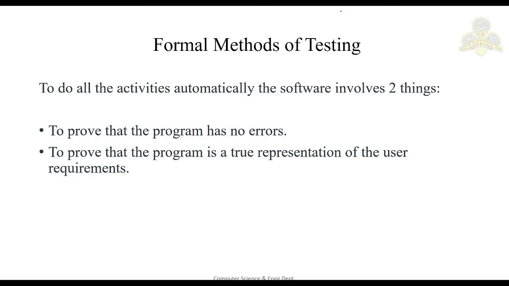Any program written using a programming language can be converted into a finite state machine. That means your program changes its state from one state to another at any point of time, right? So suppose we can develop a tool that converts the program into its equivalent state transition diagram and checks its correctness.